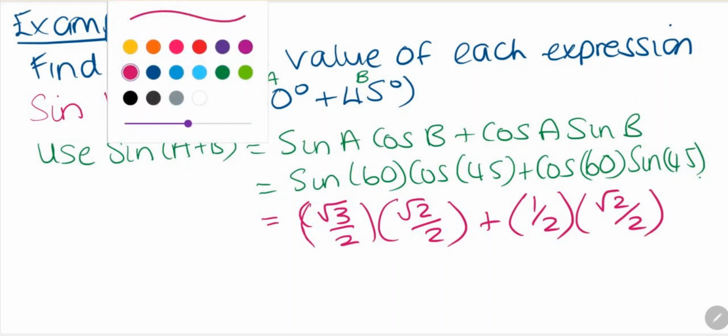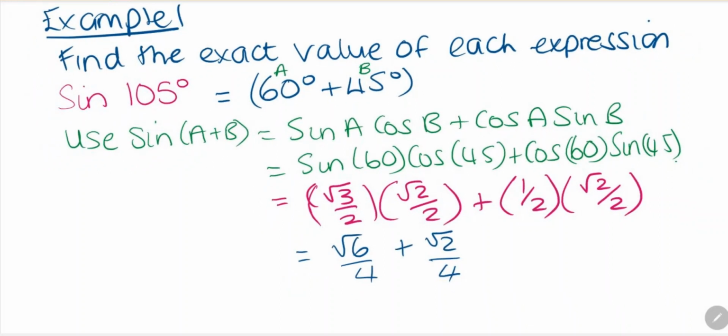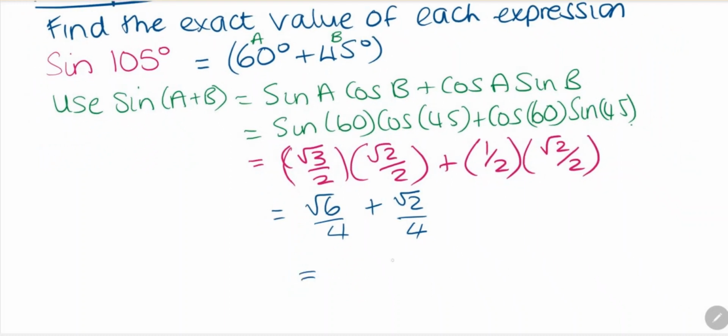So we can simplify, and we're going to multiply. Root 2 times root 3 is root 6, and that's over 4. And root 2 over 4. To put this over the same denominator, we have root 6 plus root 2 over 4, and that's our answer.